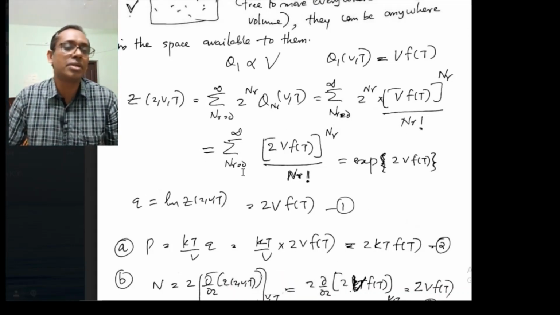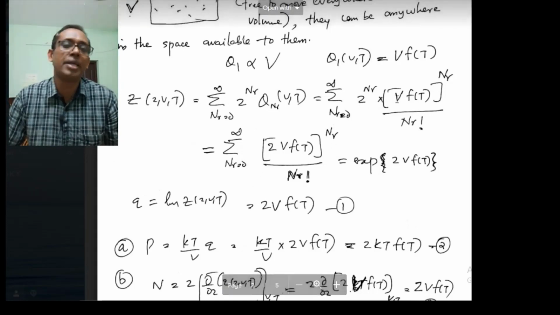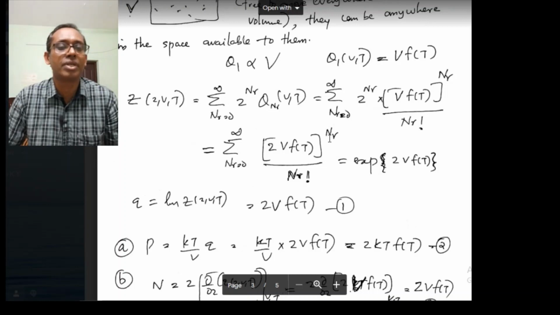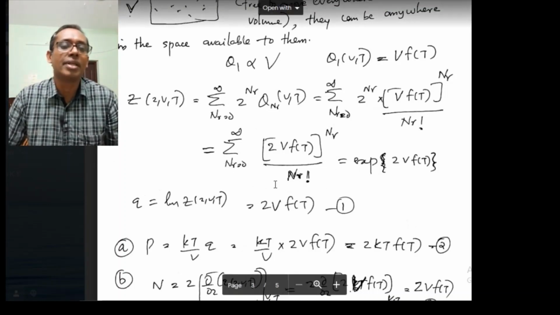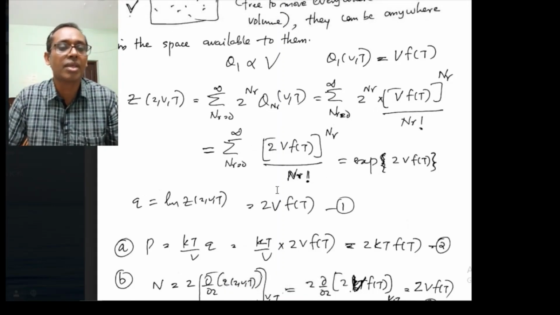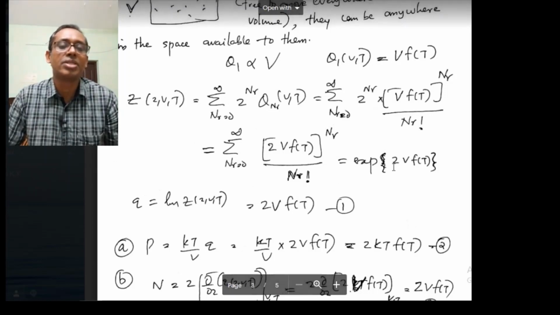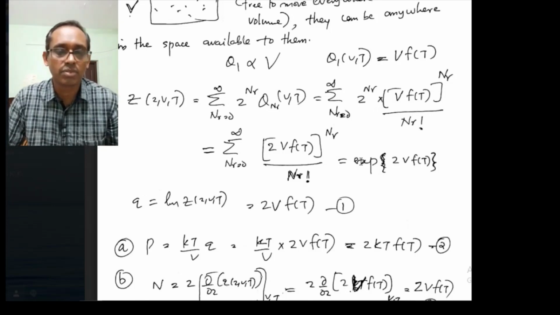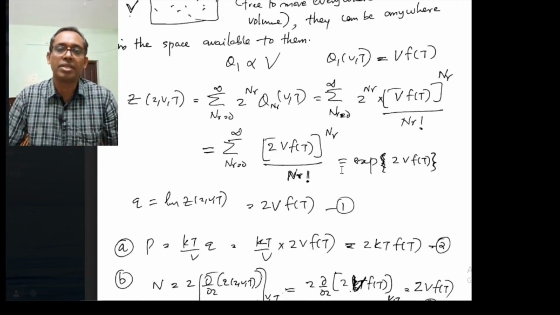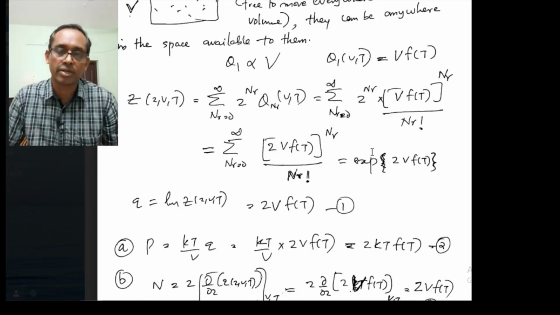So this is the sum over N from 0 to infinity, combining z with this, of z V f(T) to the power N over N factorial. This is actually the expansion of the exponential function, so it is exponential of z V f(T). Remember the expansion of e to the power x: it is the sum over n equals 0 to infinity of x to the power n over n factorial.